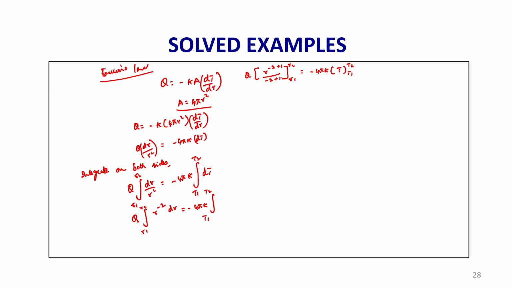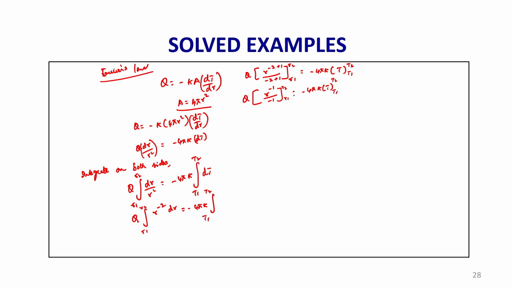Now, we can simplify this one. So, q into r power minus 2 plus 1 is r power minus 1 divided by minus 1, r1 to r2, minus 4 pi k into T, T2 to T1.